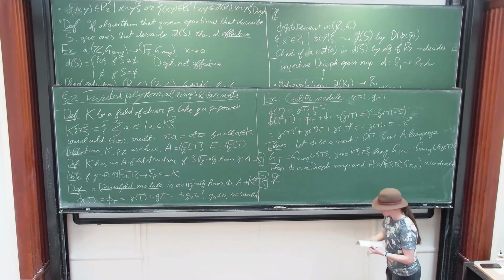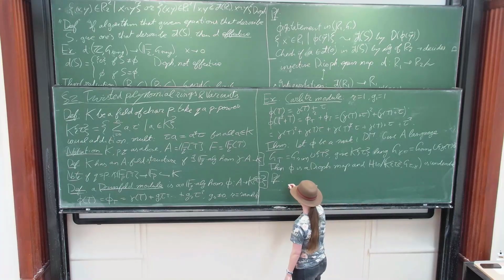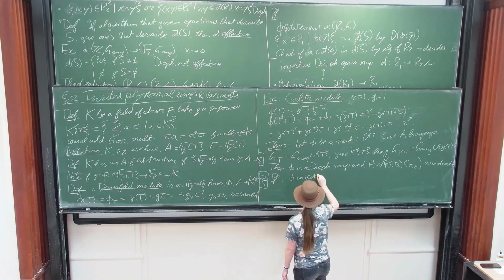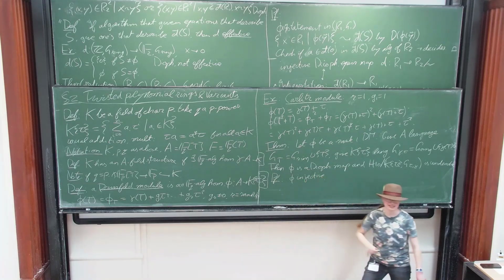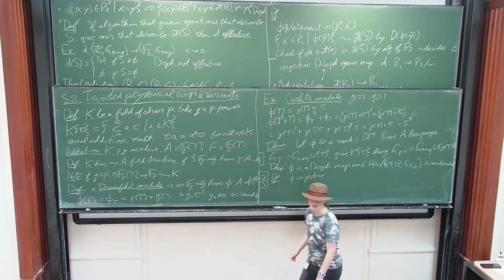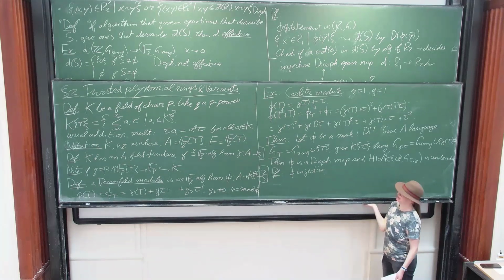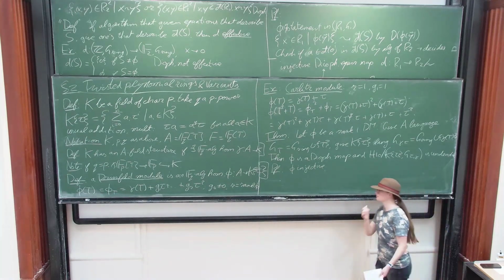So I'm going to do the proof for you, or more a proof sketch. You first notice that phi is injective because we have that this g_r, or g_1, is not 0, which means that we can use the theorem that tells us when maps are Diophantine.